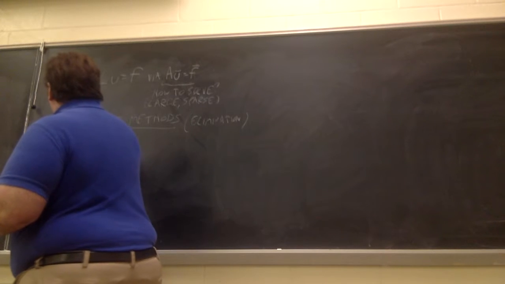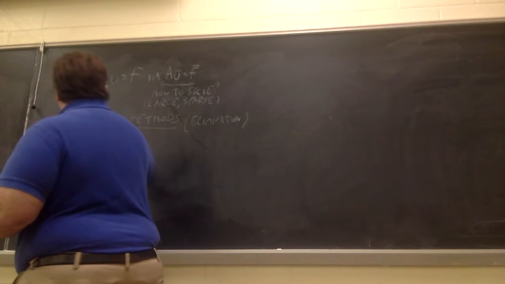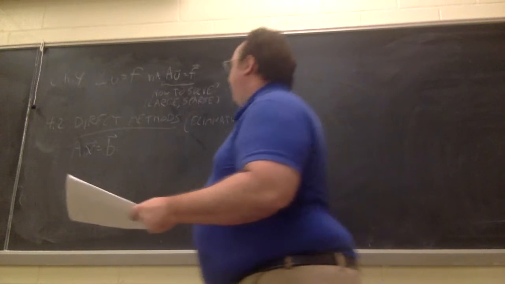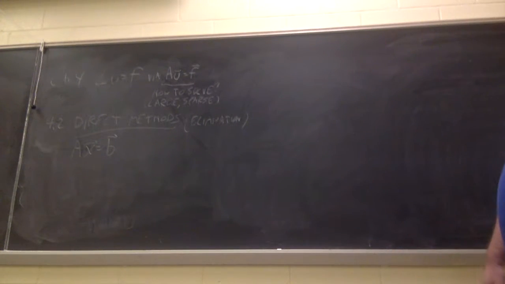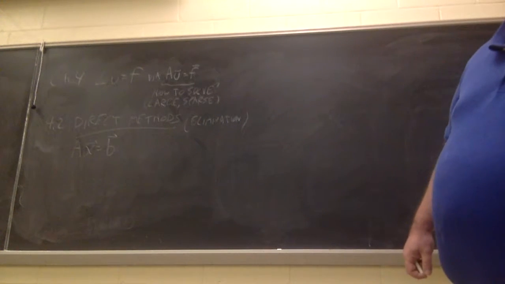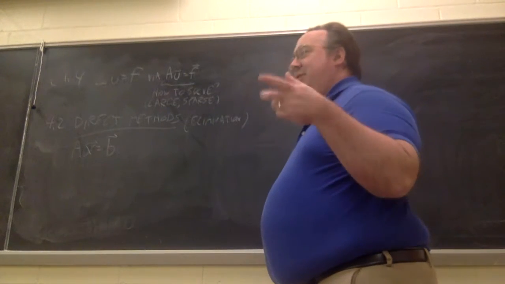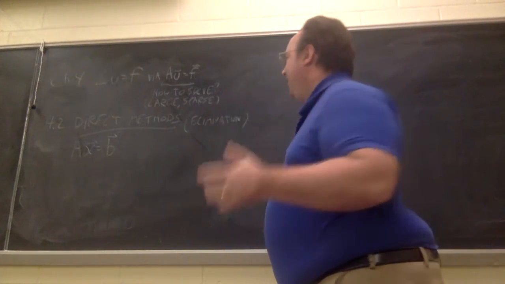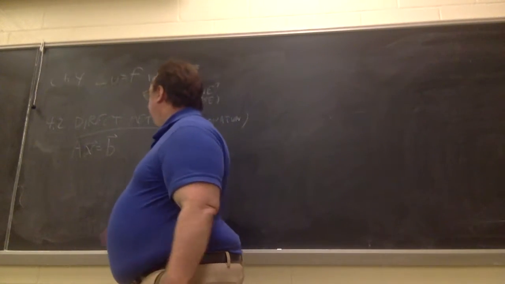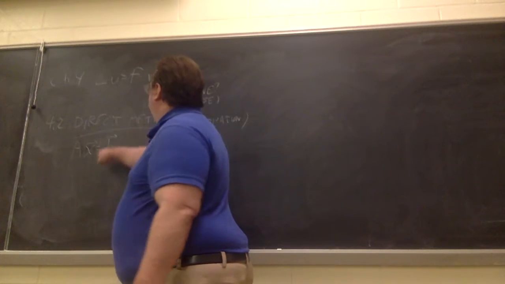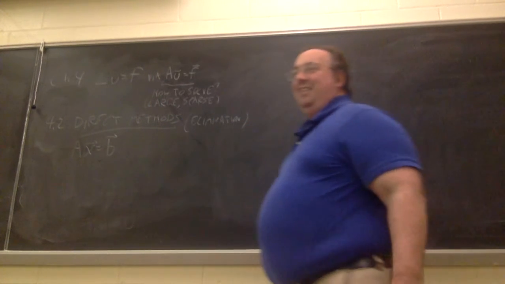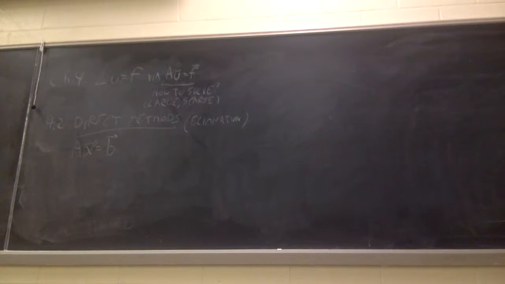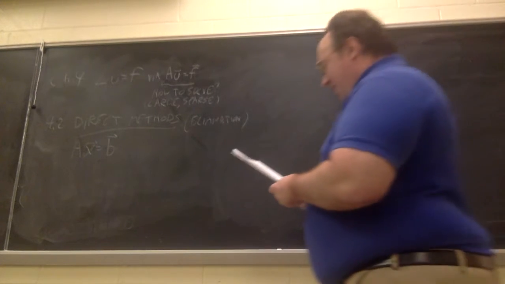Okay, so we're solving a general system of equations, AX equals B. Please do not be like I heard about from my friend at, of all places, Stanford, who actually thought that these were completely different problems, just because of the choice of letters.